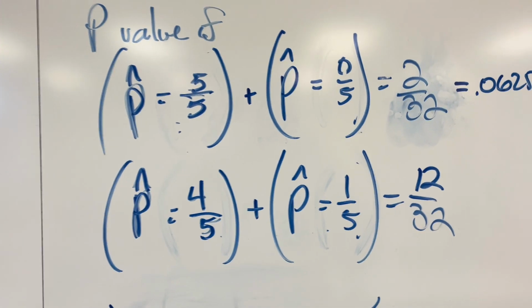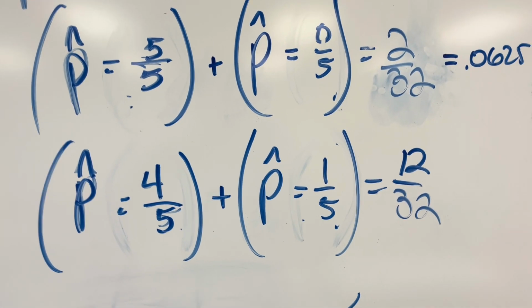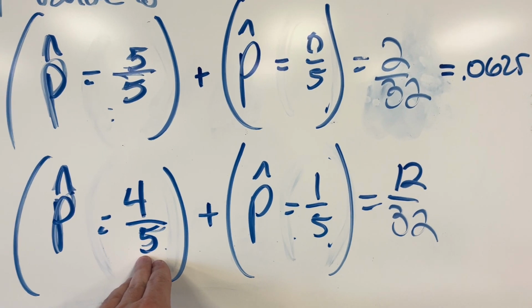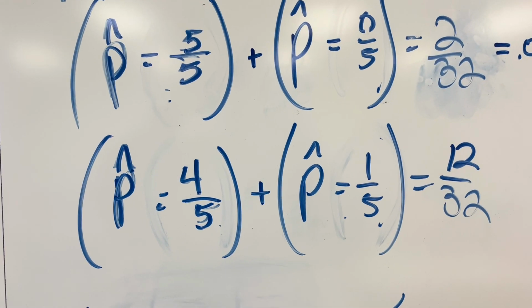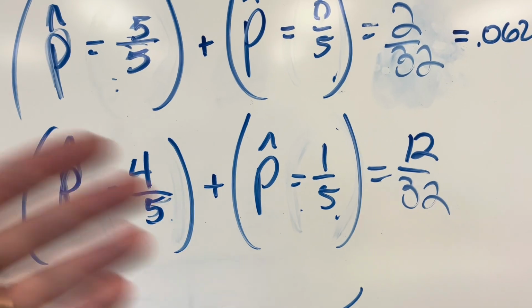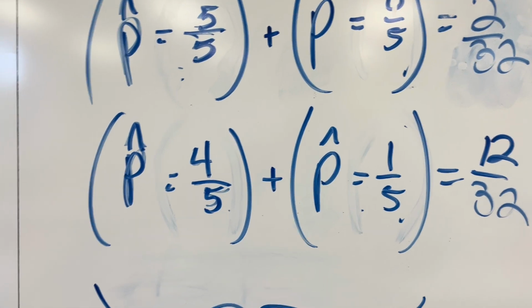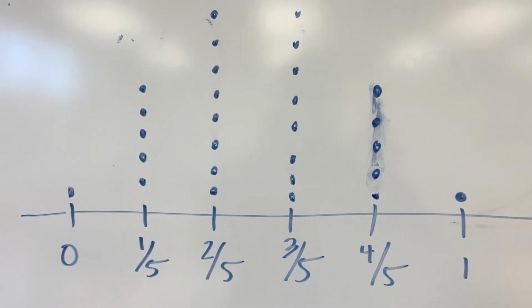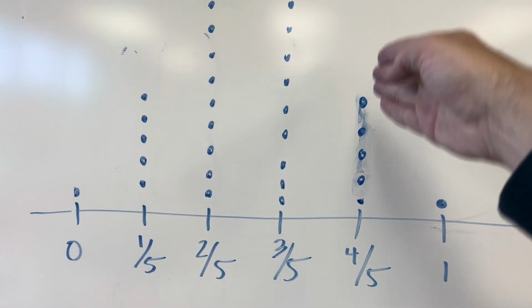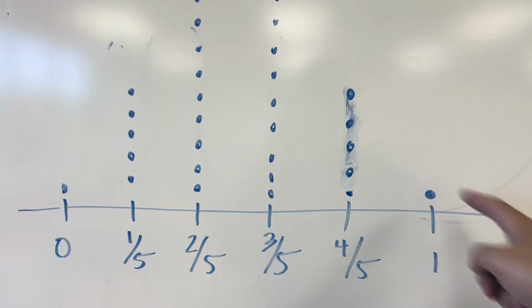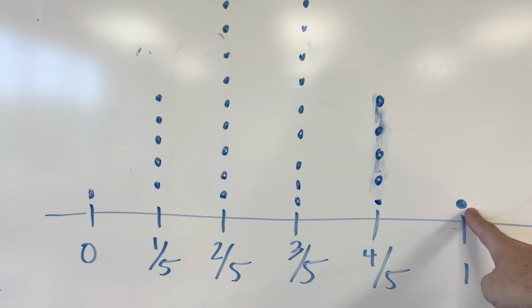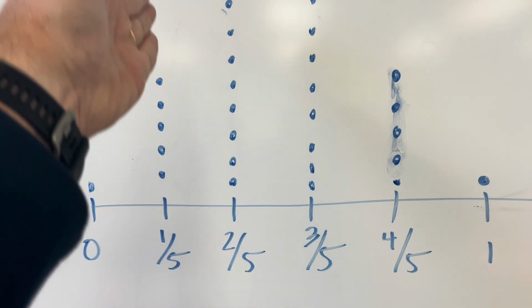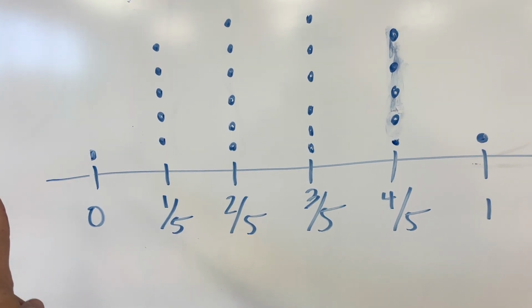Now, you could go in a layer and say, well, what if we're at 4/5, so 4 out of 5 successes, or 1 out of 5 successes, equidistant from the middle? Well, let's travel back over here real quick and take a look at our dots. The p-value is as extreme or more extreme. So it's these 5 plus that one, and then these 5 plus that one.